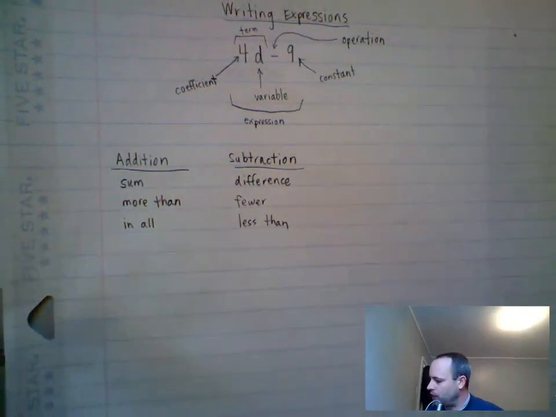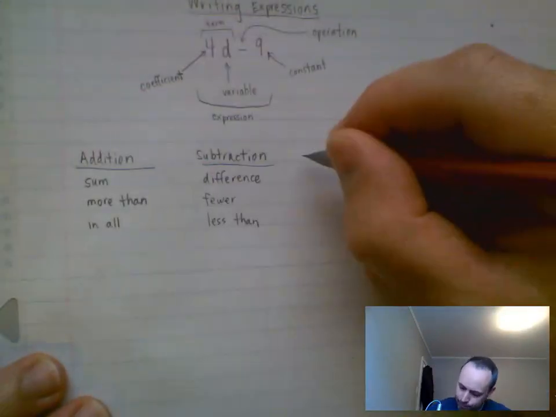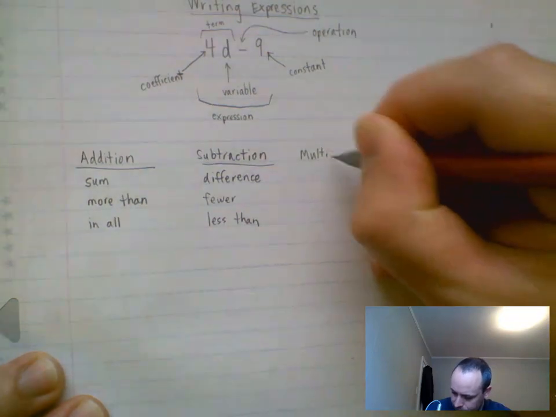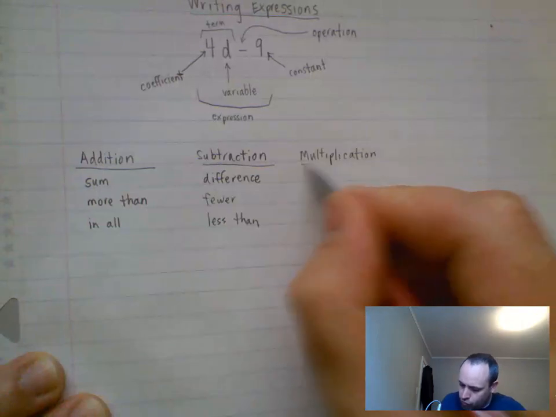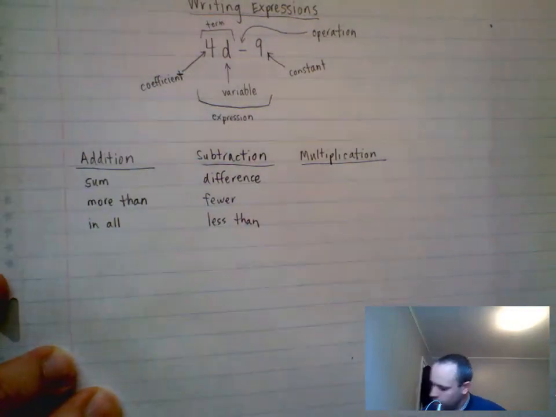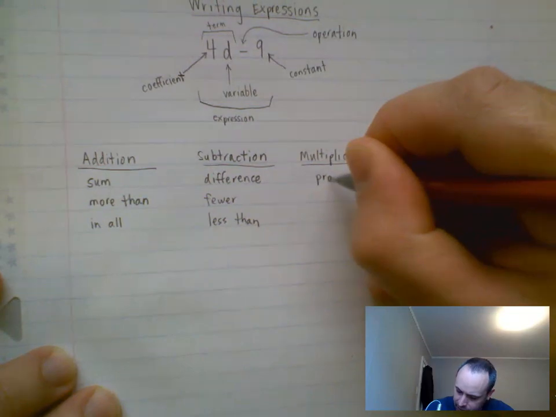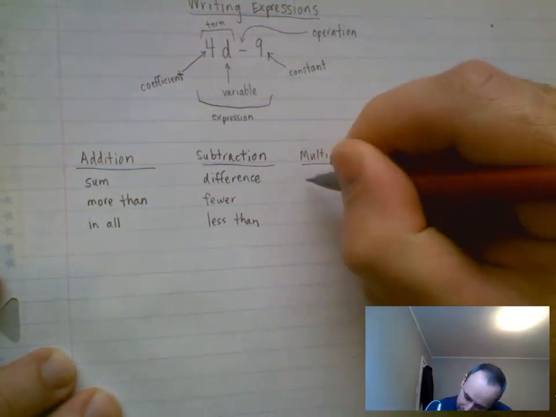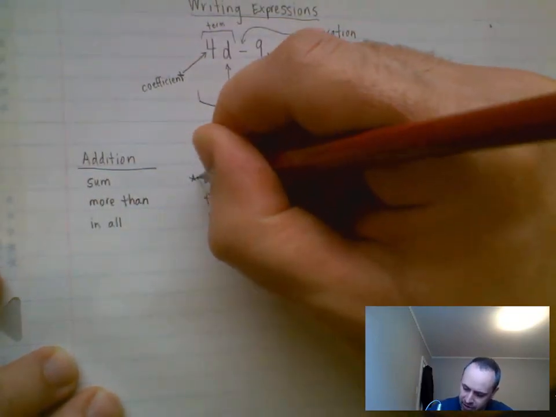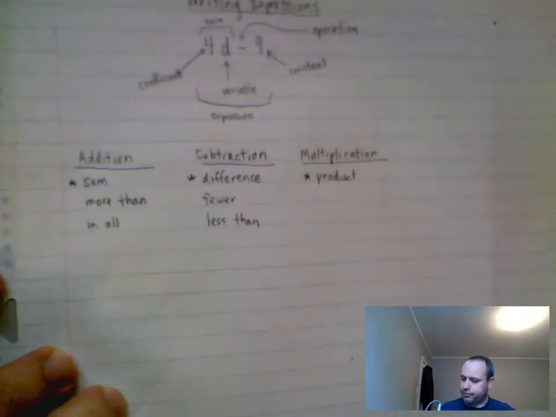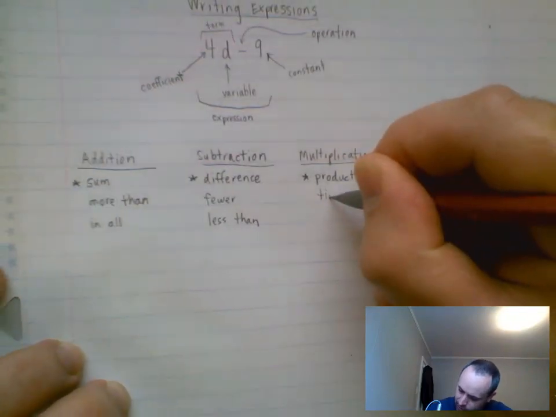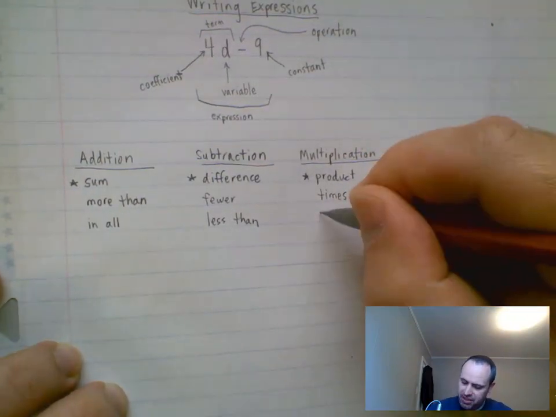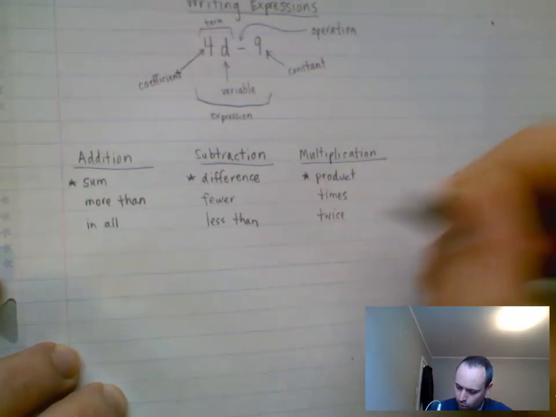We'll talk about what all this means in a minute, but right now I'm just providing the legwork for you here. For multiplication, the big word is product. These first ones are the big ones. You'll also see times. You might see the word twice or even the word per.